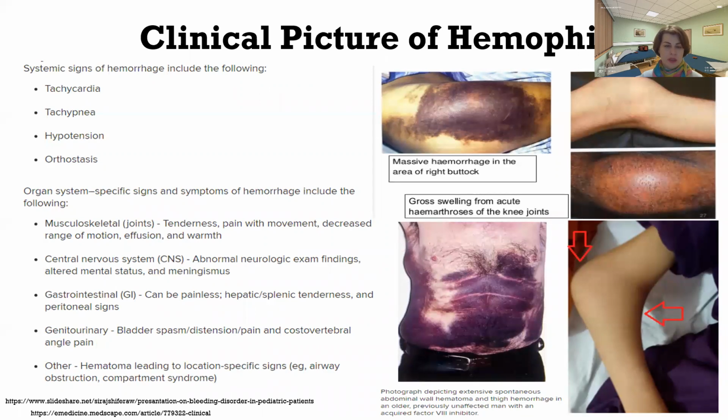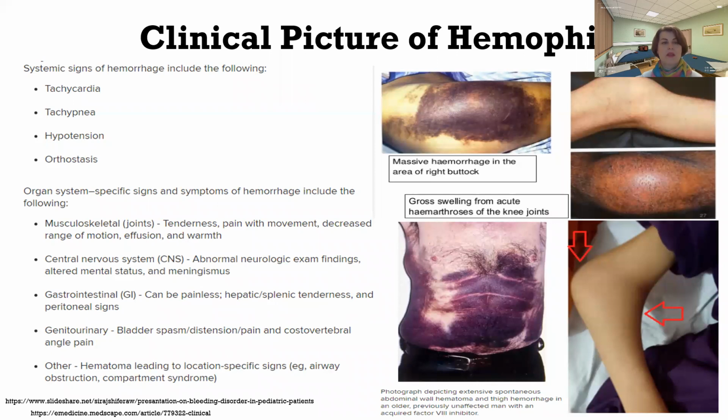Abdominal and neurological exam findings: altered mental status or meningismus. Gastrointestinal findings can be painless, with hepatic or splenic tenderness, and peritoneal signs may be observed. Genitourinary findings: bladder spasm, distension or pain, and costovertebral angle pain. Hematoma can lead to location-specific signs such as airway obstruction, compartment syndrome, or problems with joint use.